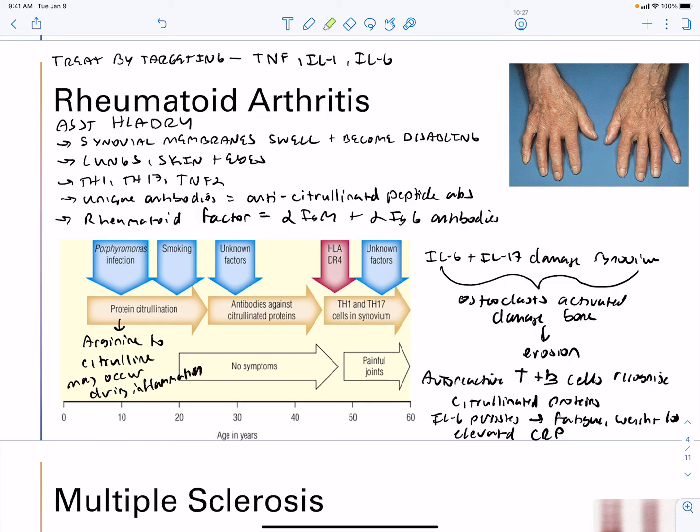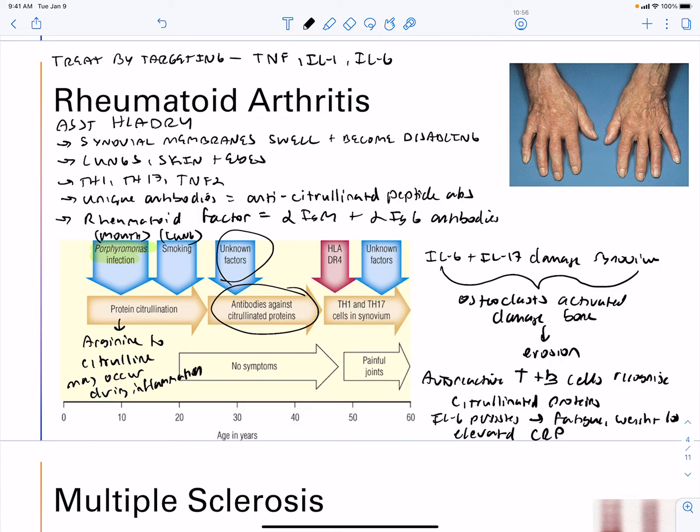So you can have some sort of infection, Porphyromonas infection in the mouth, or you can have smoking, which is in the lungs, of course, or other unknown factors, and then you can generate antibodies to those citrullinated proteins.